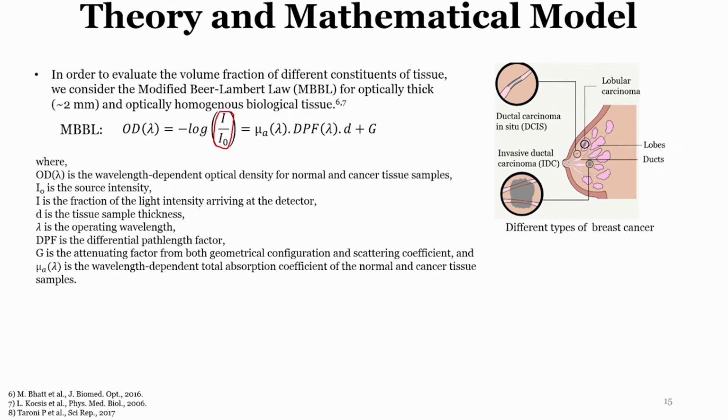If you take the log of that attenuation, you get the optical density, and that is again a function of wavelength. Again you have this tissue, you pass this light over here, so you have I naught and you have I. The light that you pass also has a certain wavelength.